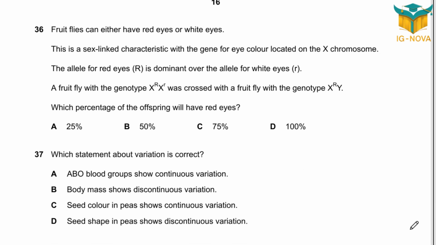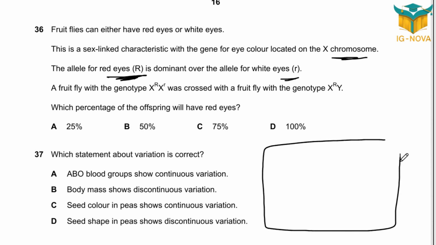Fruit flies can either have red eye or white eye. The X-linked characteristic of this gene is found on X chromosome, similar to red-green color blindness. The red allele is dominant to white allele. Fruit fly, Punnett square right away.